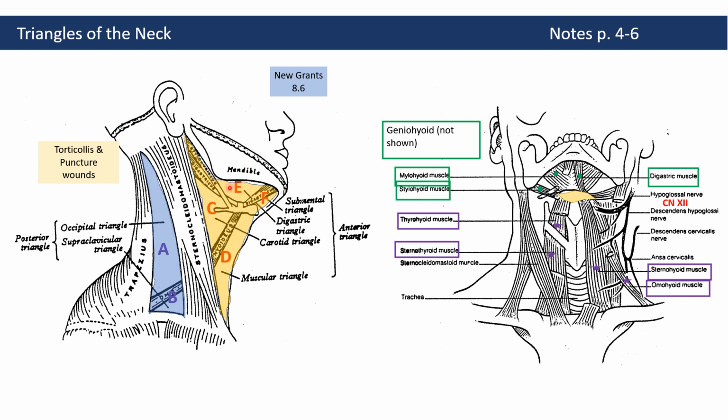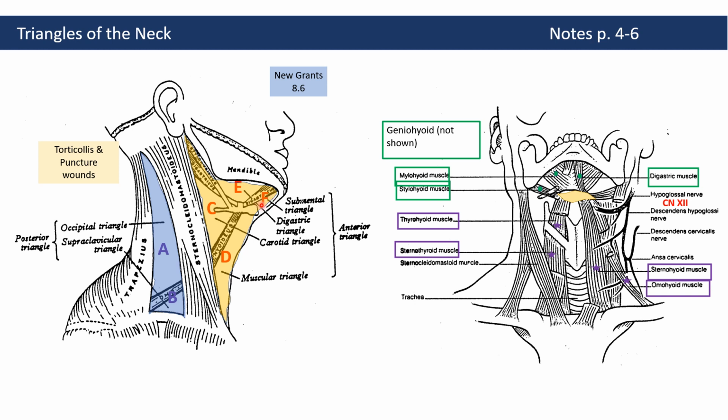The digastric triangle, also referred to as the submandibular triangle, largely contains the submandibular gland and lymph nodes, and then a portion of the facial artery as it travels over the inferior border of the mandible to gain access to the face will also be present here.